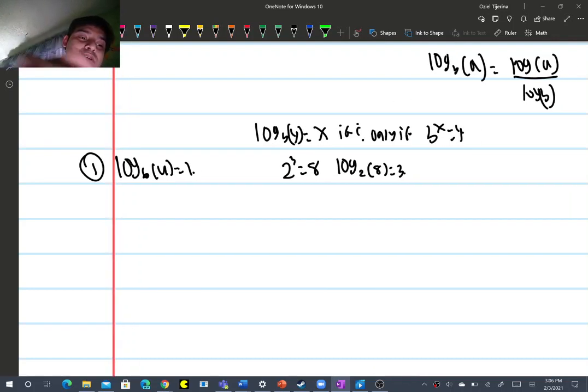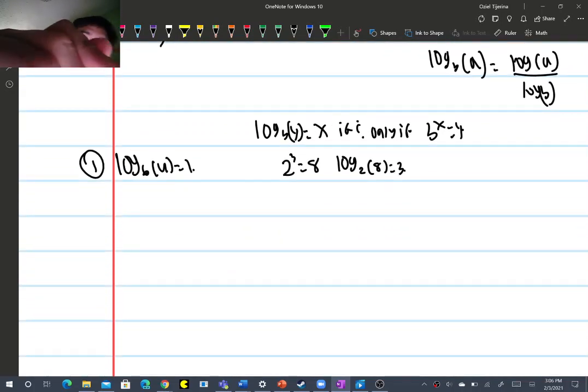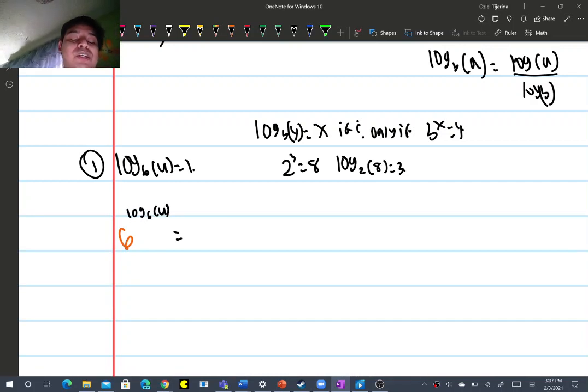Now, for this one, there is a rule that says if you have a to the log base a of b, you cancel these out and you get b. So for this, we're going to say that 6 to the log base 6 of u power is going to equal 6 to the first power.